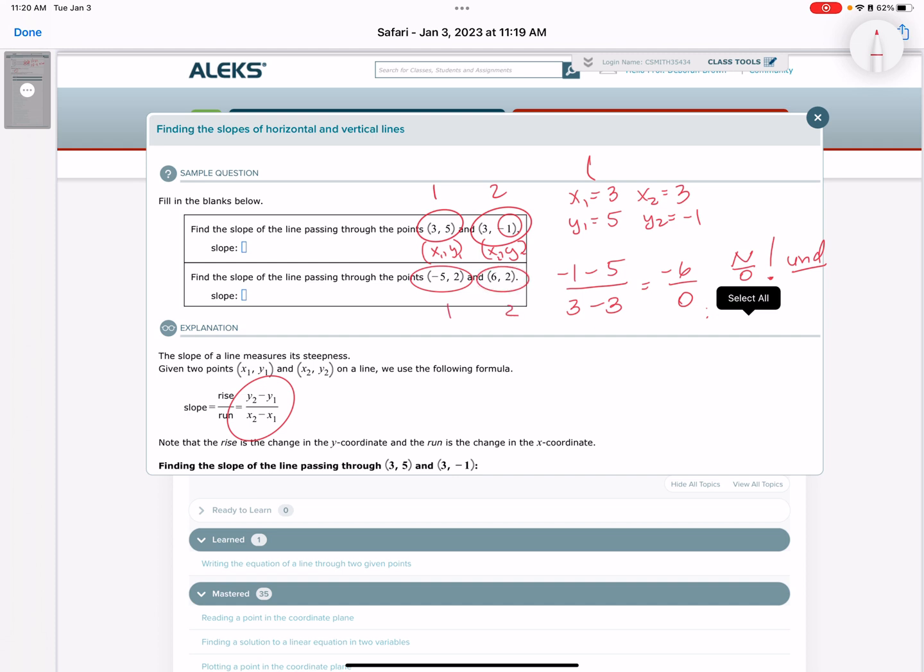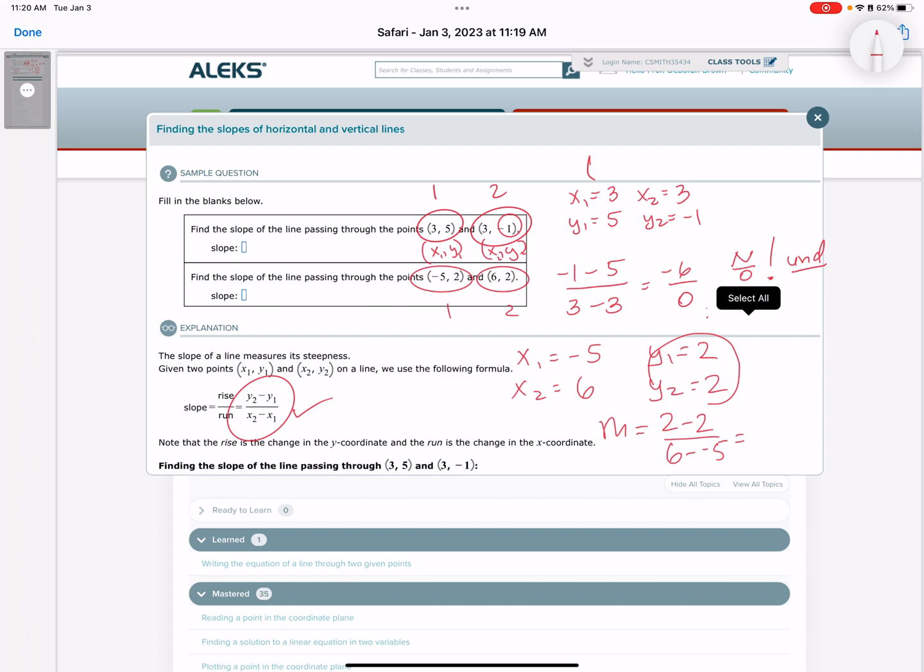Point 1, point 2, so my x1 for this one is -5. My x2 for this one is 6. y1 for this one is 2. y2 for this one is also 2. So we're going to do our slope of this one here, y2 minus y1, 2 minus 2 over 6 minus -5.